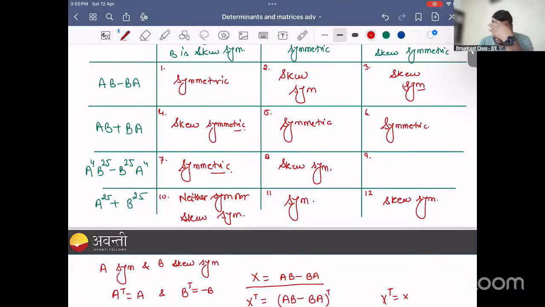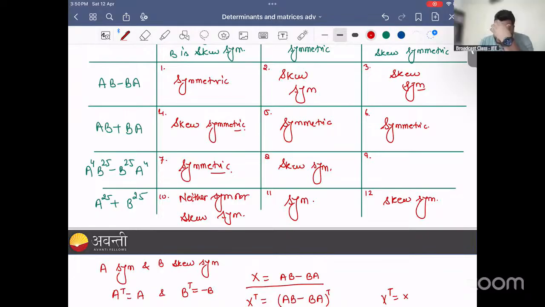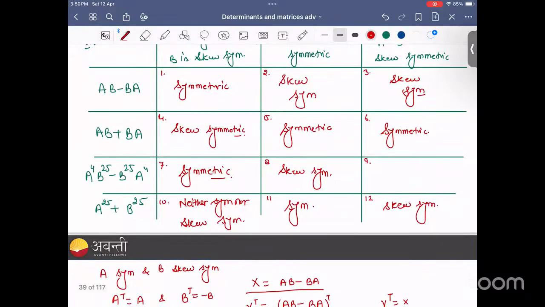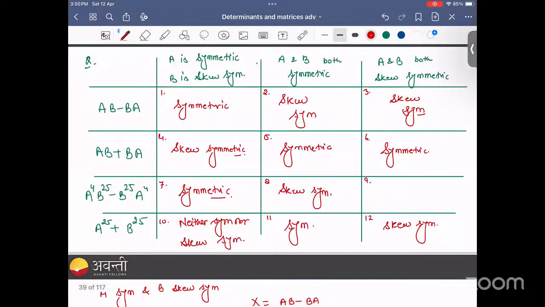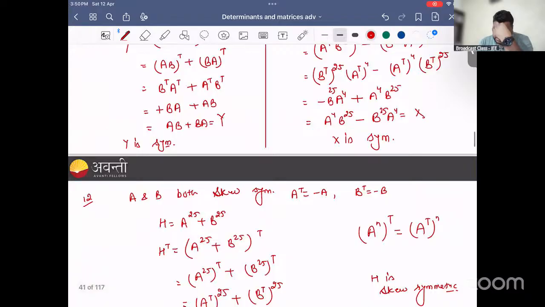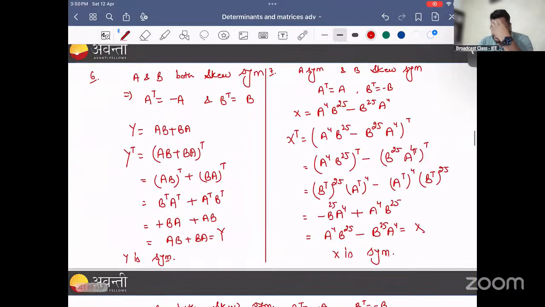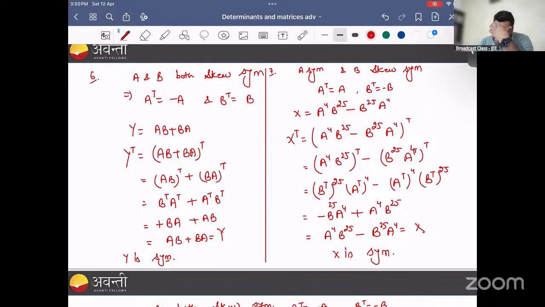And 9th will be, 9th will also be skew symmetric. A and B both symmetric. Symmetric. 9th will be, minus will become, 9th will be symmetric.